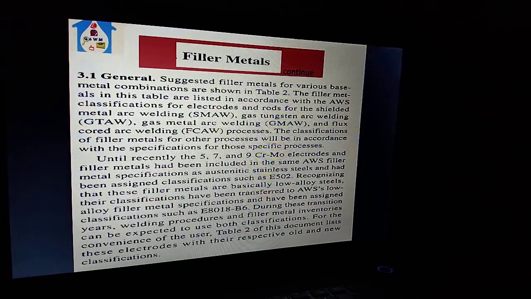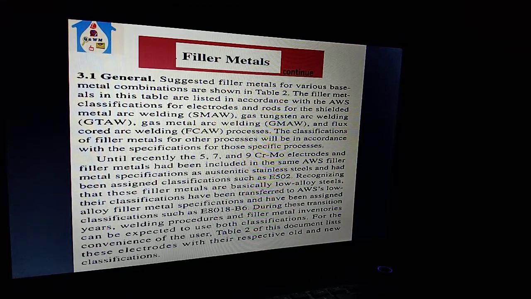General suggested filler metals for various base metal combinations are shown in Table 2. The filler metals in the table are listed in accordance with the AWS classification for electrodes and rods for the shielded metal arc welding SMAW, gas tungsten arc welding GTAW, gas metal arc welding GMAW, and flux cored arc welding FCAW processes.